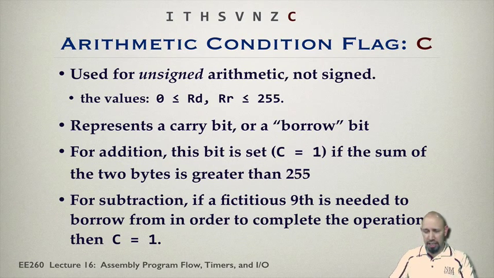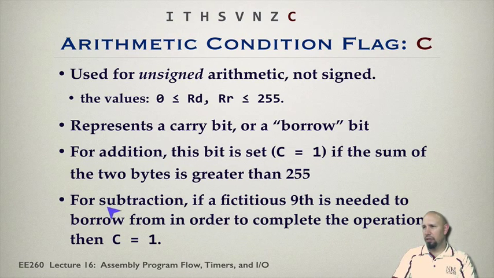So if you are subtracting 2 numbers that are both positive, and if the result comes out to be negative, then you actually have to borrow, and so then that bit is set. That lets you know that when you do a subtraction, if that bit is set, you had to do a borrow from some fictitious bit.